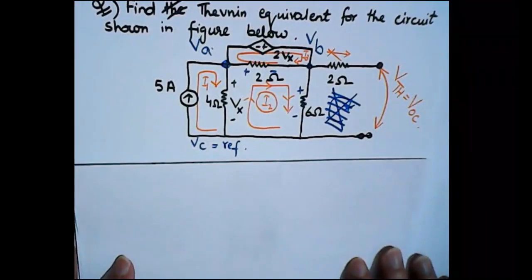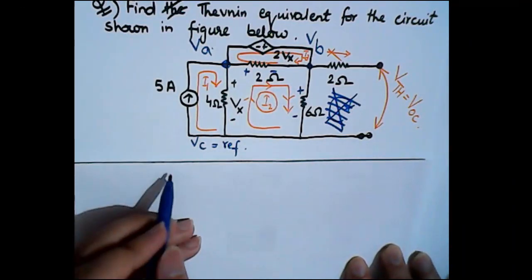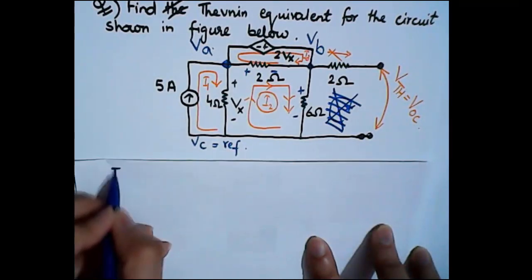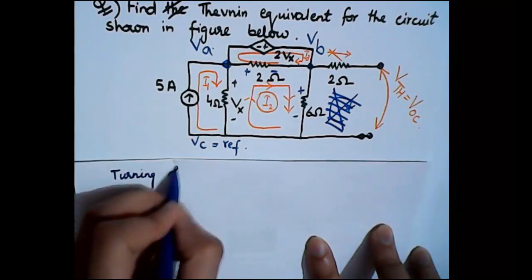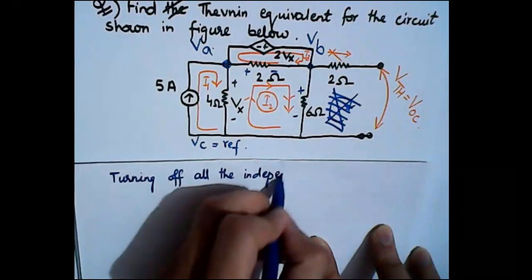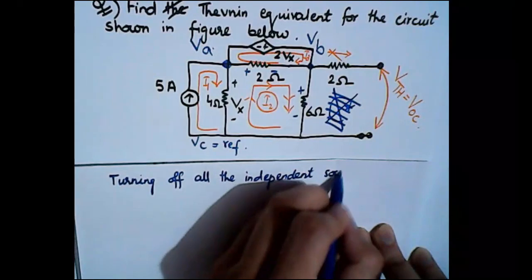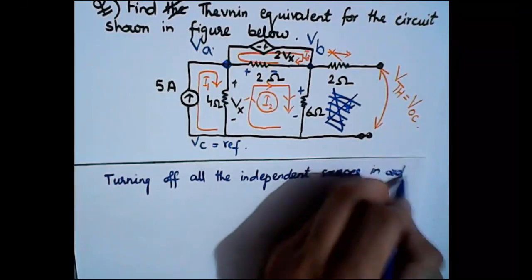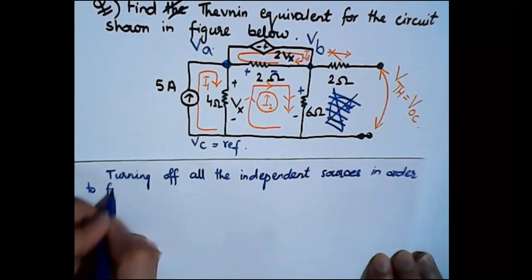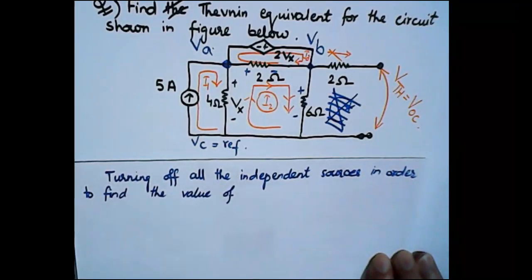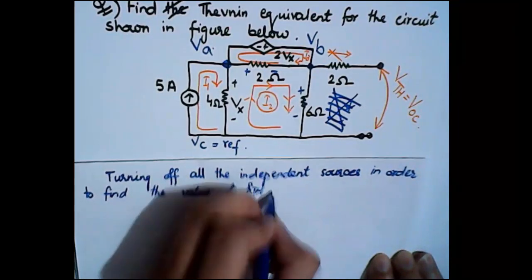First of all, we will do the same thing, turning off all the independent sources from the figure, in order to find the value of RThevenin.